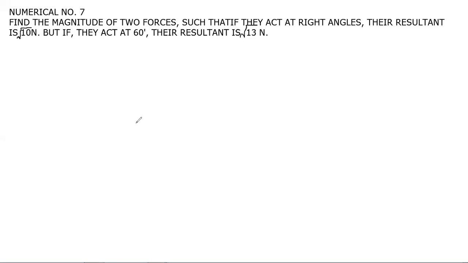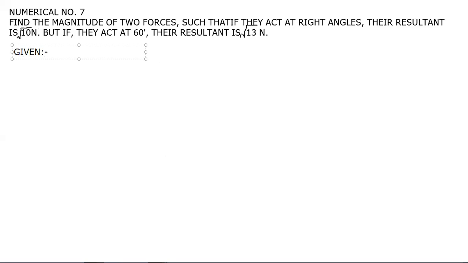Now use the same method to solve this. First of all, write down the given values. A condition has been given that the magnitude of two forces such that if they act at right angles, their resultant is root 10. If they act at 60 degrees, their resultant is root 13 Newton.